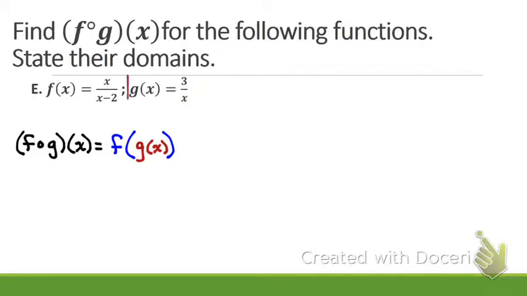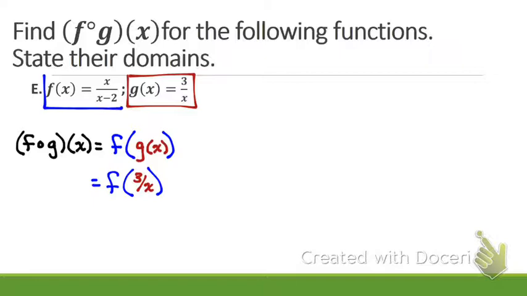That's what's going to go in the place of x in my function f. So now I'm going to make that substitution in this function f. Anywhere I see an x, it's going to get replaced. So my numerator becomes what? 3 over x. What is my denominator? 3 over x minus 2.